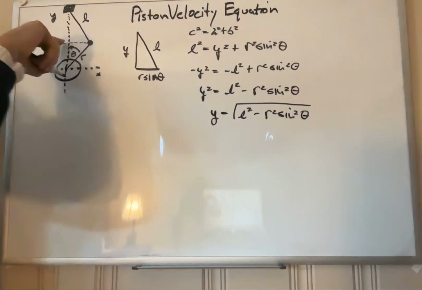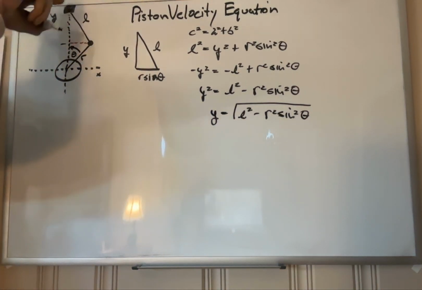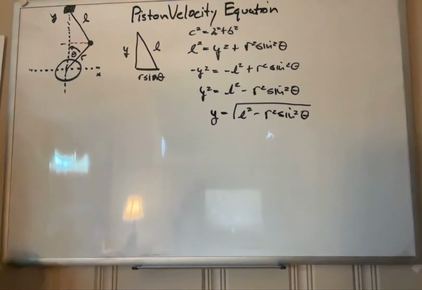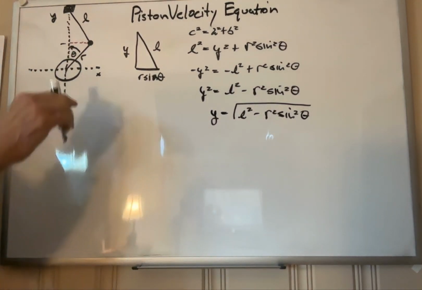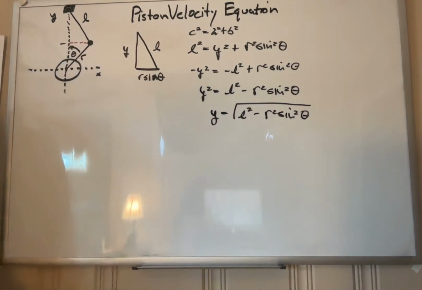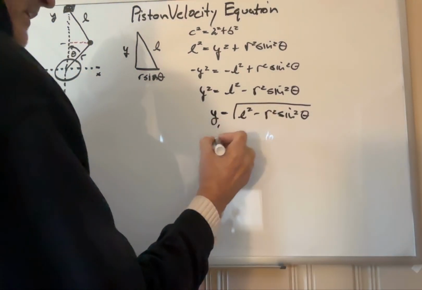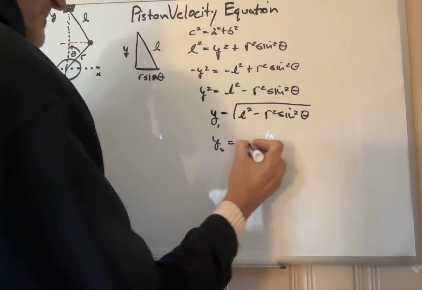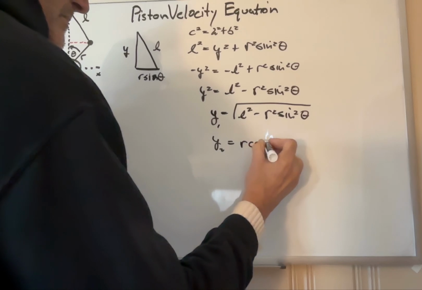Well, we've found the length from here to here. Let's find the length from here to the center of the crank. That will be relatively easy. This is going to be the adjacent side over the hypotenuse, which basically is going to be, we'll call this Y1, we'll call this Y2, is basically going to be R cosine theta.